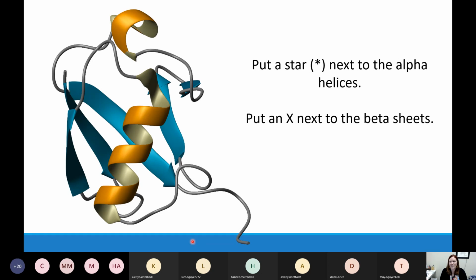Yeah, the orange, yellow color, whatever we want to call this that we see here, those are my alpha helices, my little curlicues. And then when we look at the blue, notice that the blue has things that are flat. Things that are flat are those beta pleated sheets. When you look at this protein, notice how there's some areas that are just this gray line that we see here.